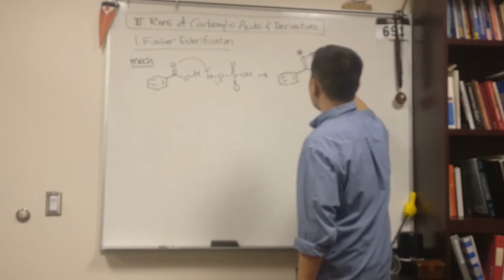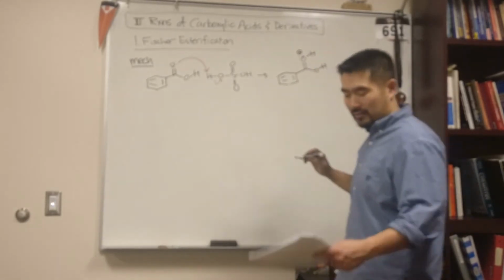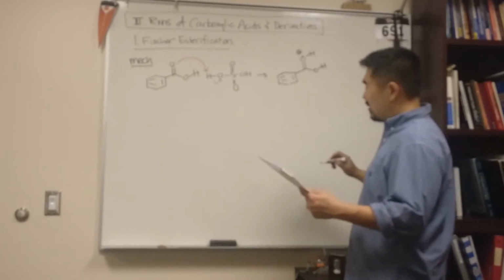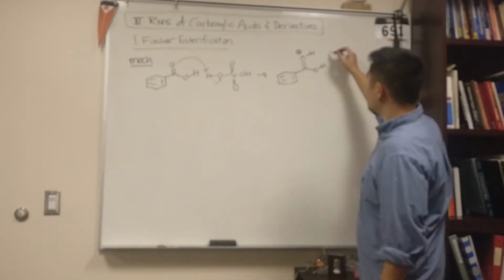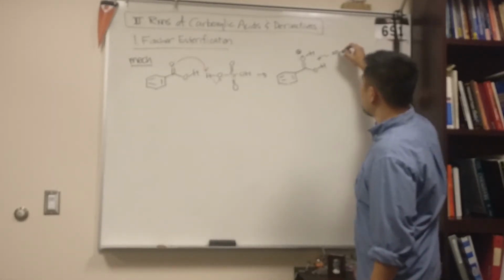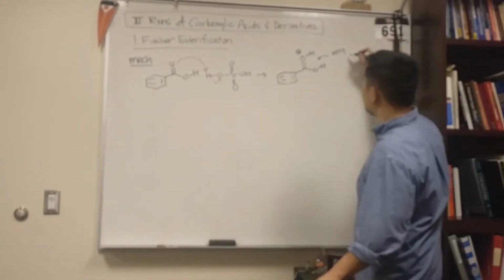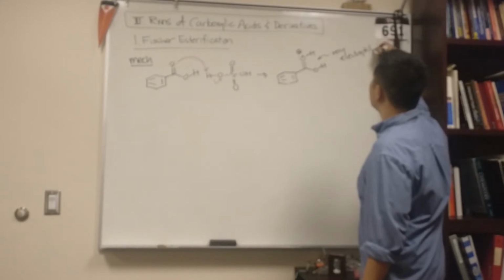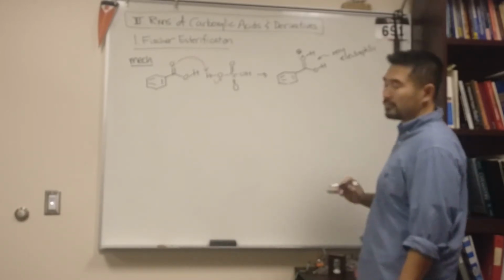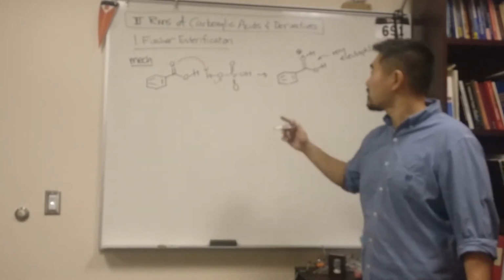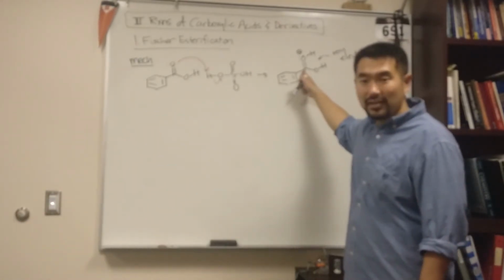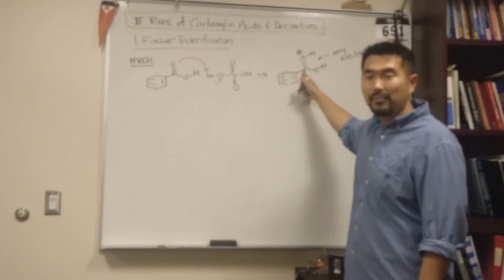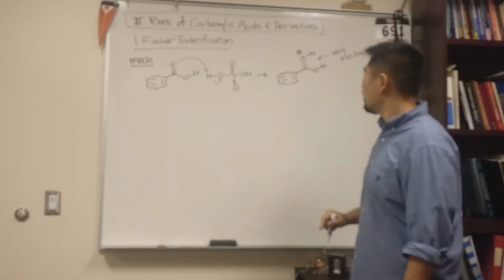So now this is a positively charged carbonyl, right? And so this carbon here is very electrophilic. That means what? This carbon now is very susceptible to the attack by a nucleophile, right?